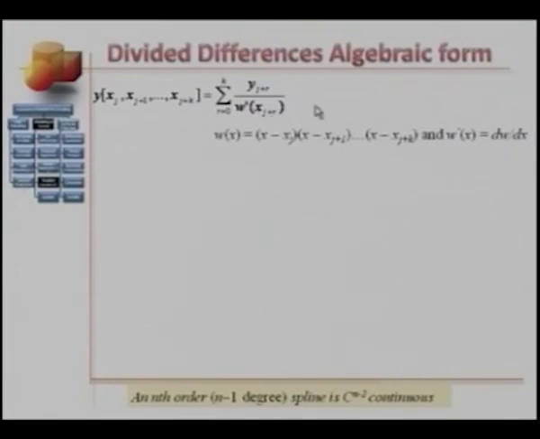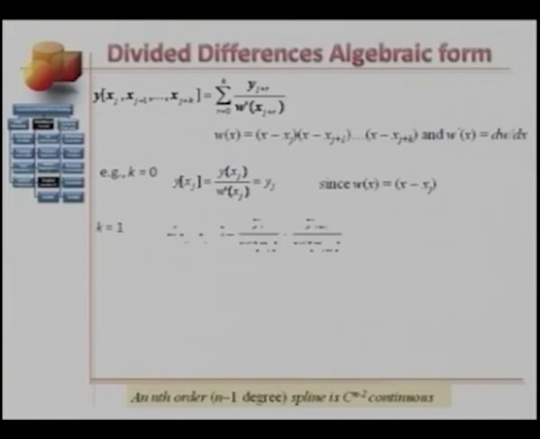To revise, let's test again whether this expression holds good. For k equal to 0, we have y of xj equals yj over w prime xj, which is simply yj. In this case, we have w of x equals x minus xj, so w prime is 1.